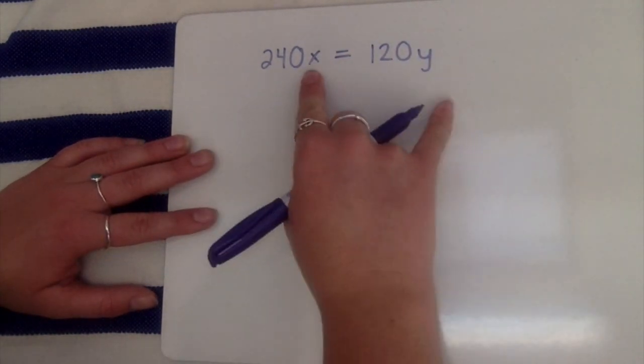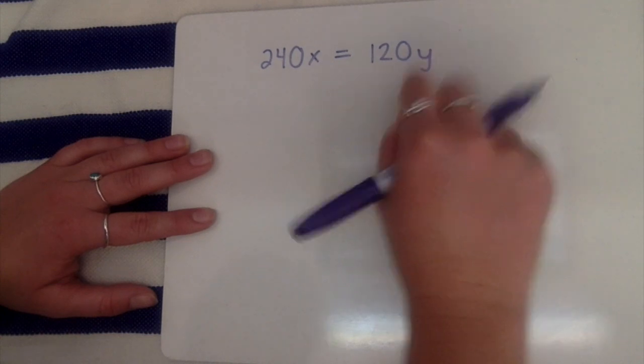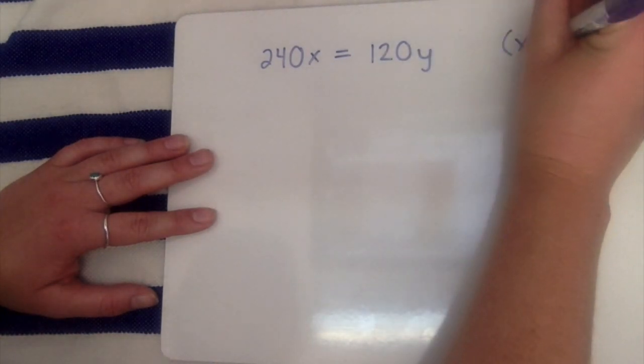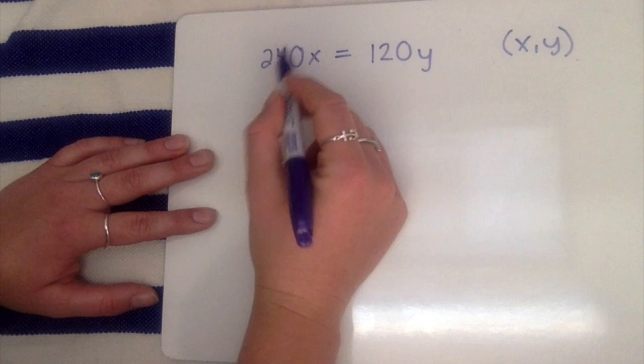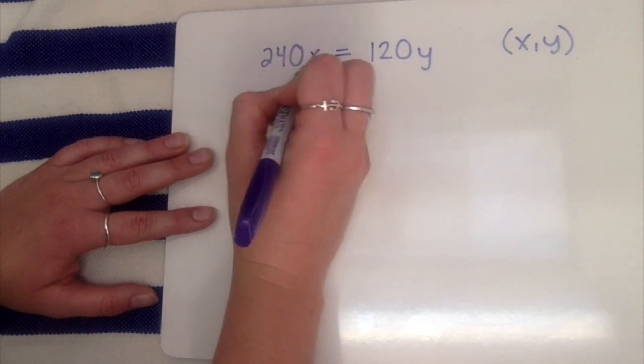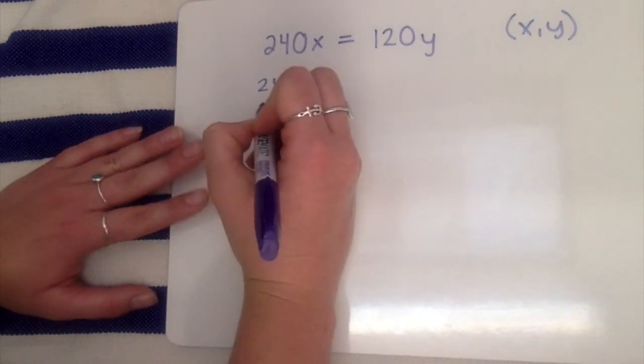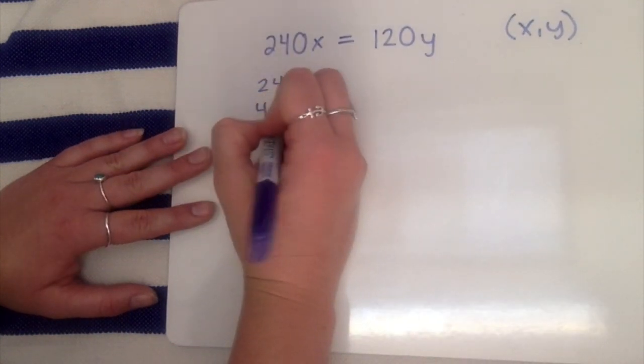So I can use 2 different variables and say this is x and this is y. There is an ordered pair, x comma y, that will make this equation true. So one way of solving this is saying, here when x is 1, I get 240. I can double this and get 480.